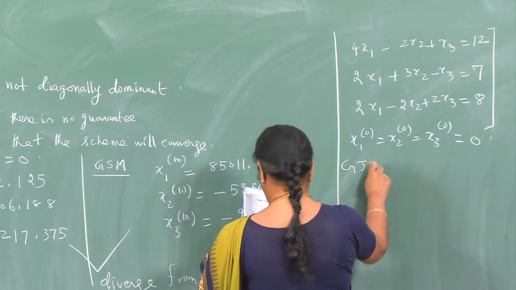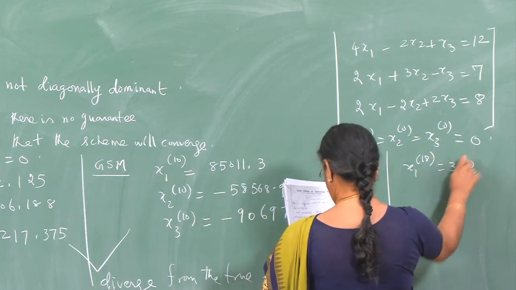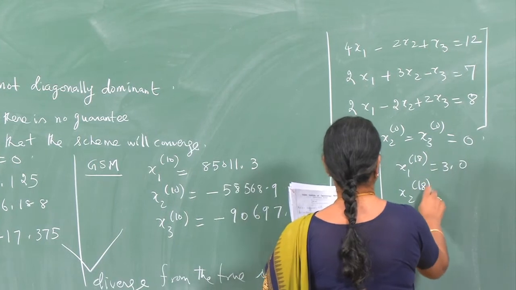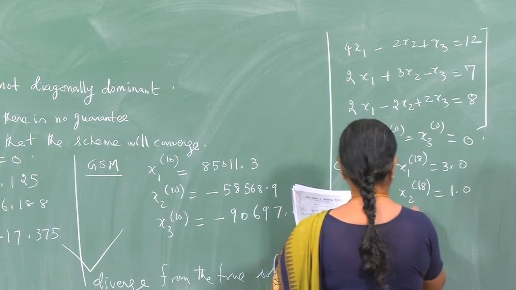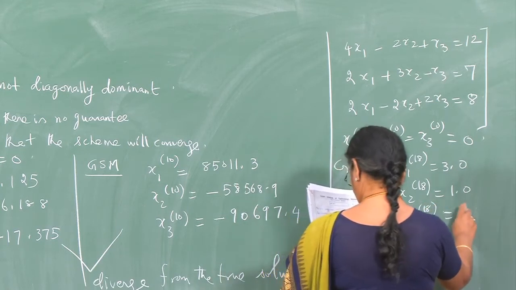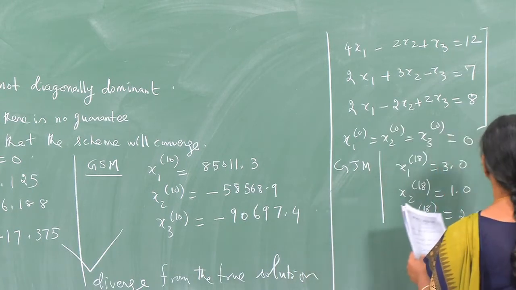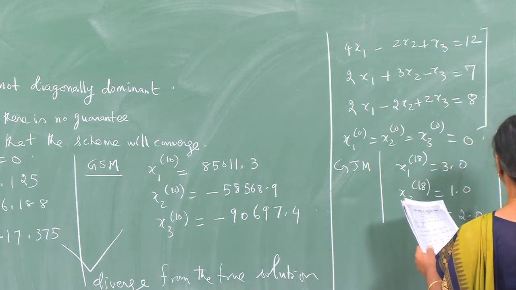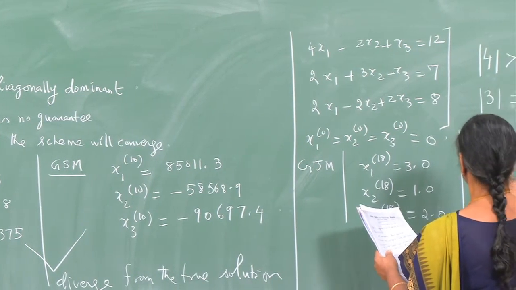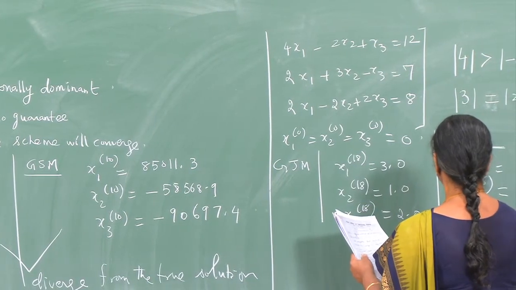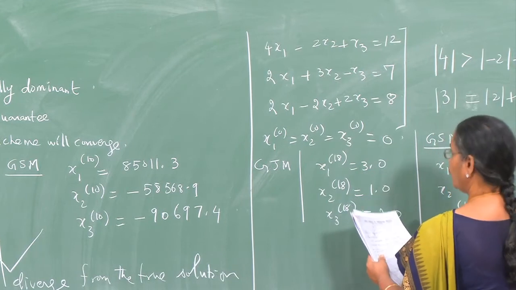Then Gauss-Jacobi method gives me at the end of 18 iterations the solution to be x1 18 is 3, x2 18 is 1 and x3 at the 18th iteration is 2. And Gauss-Seidel method also gives me the solution at the end of 15 iterations for x1, x2, x3 as 3, 1 and 2.